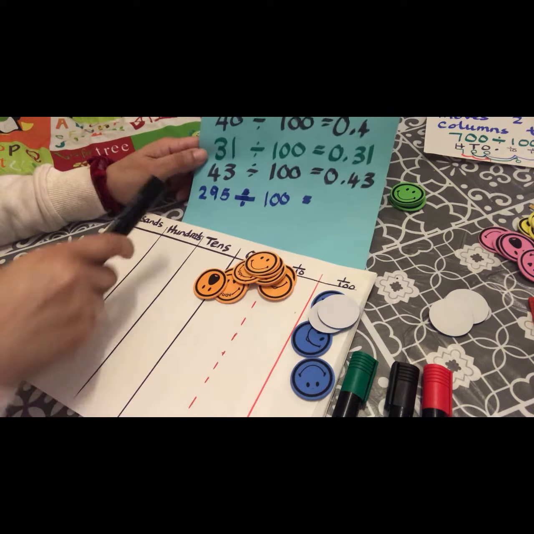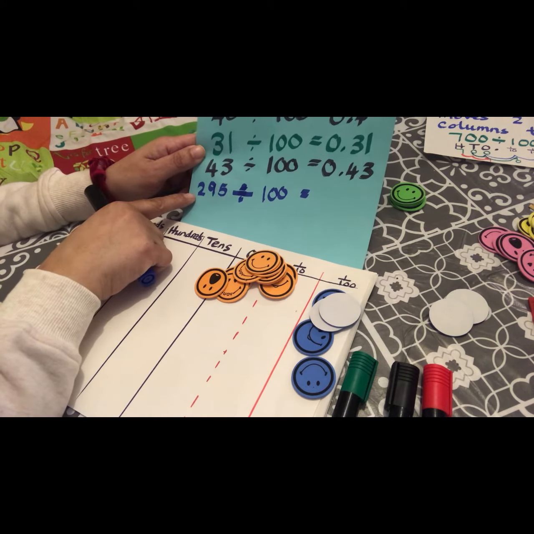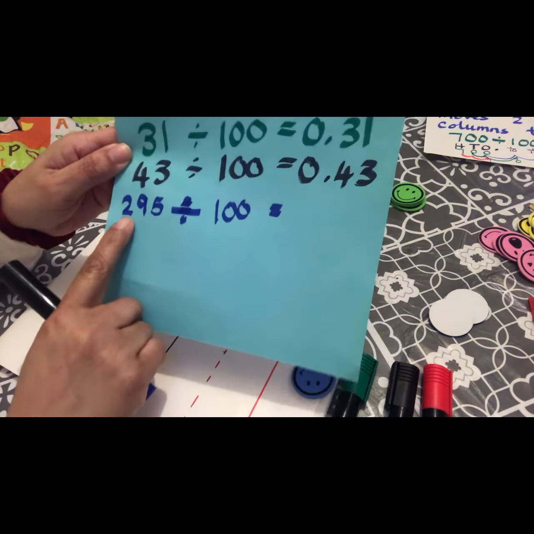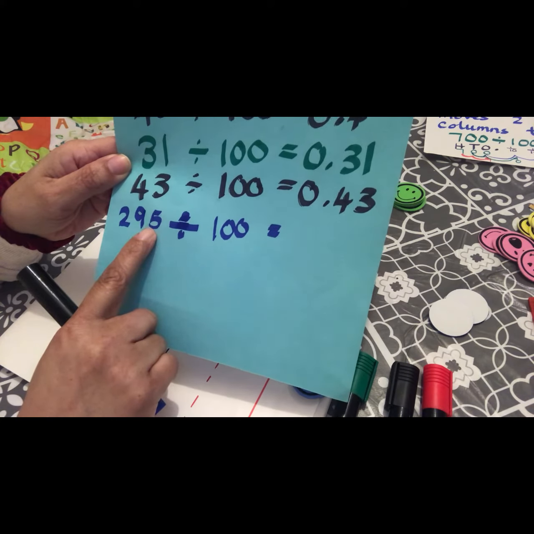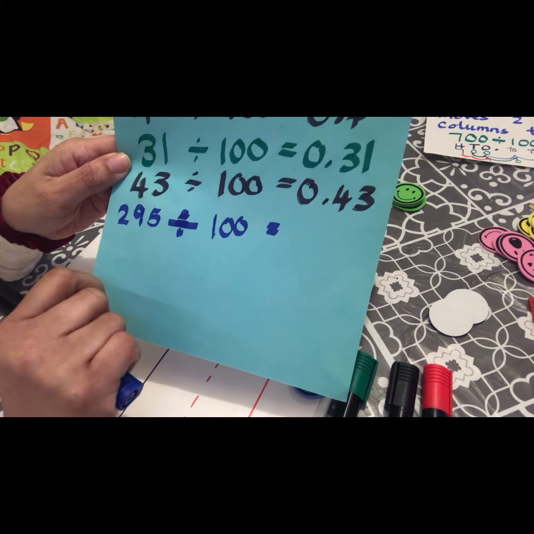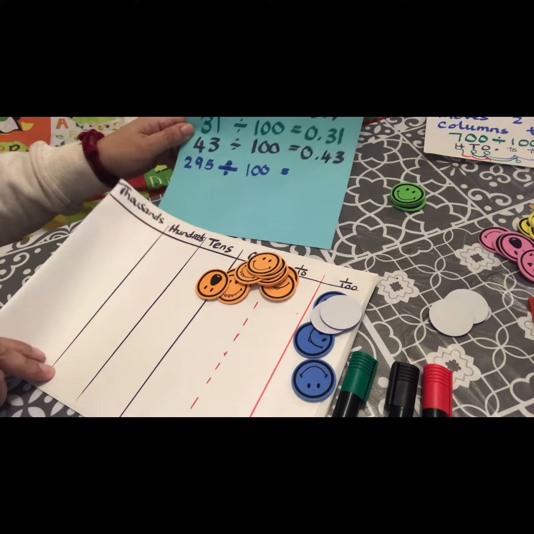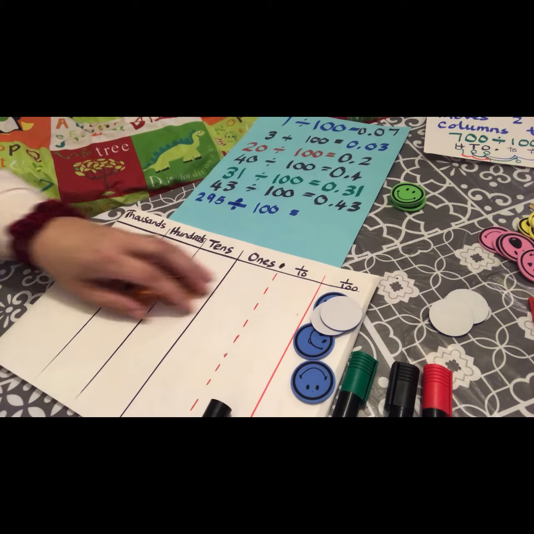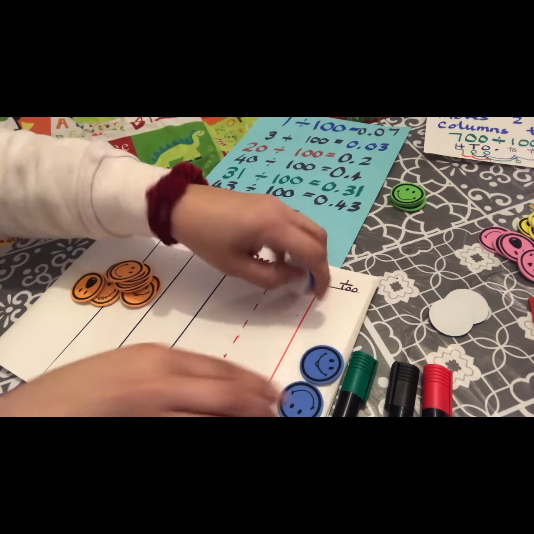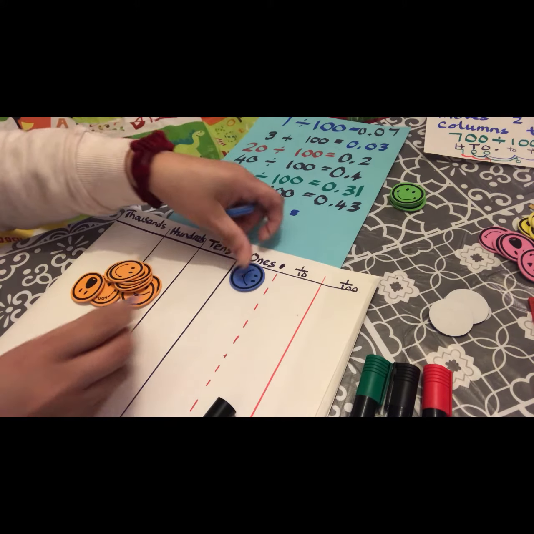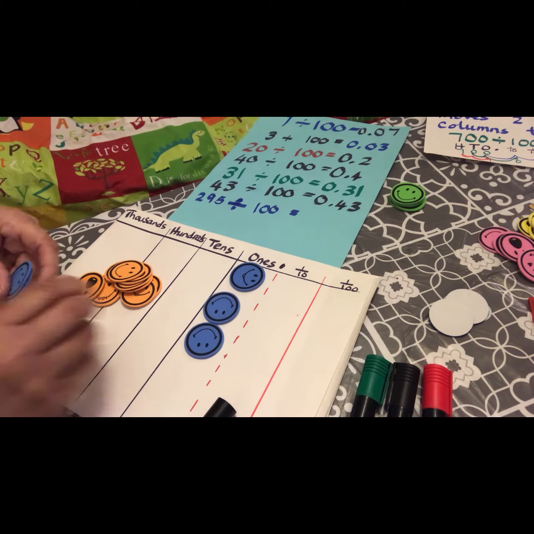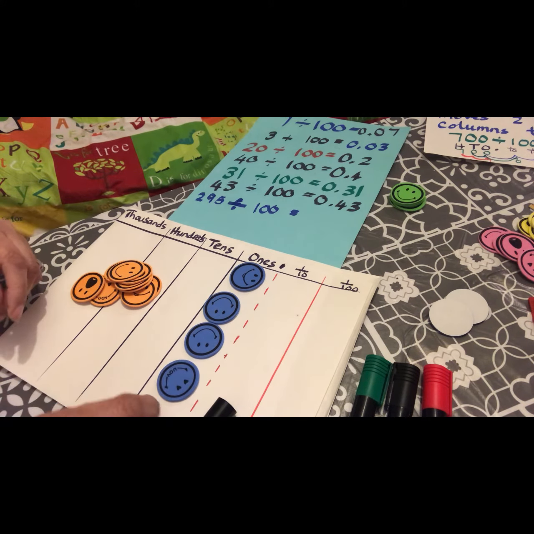Now we have a 3-digit number. Let's look at our equation. 295 divided by 100. Let's put that on our place value chart. So let's start with the ones. 5 ones. Count with me. 1, 2, 3, 4, 5.